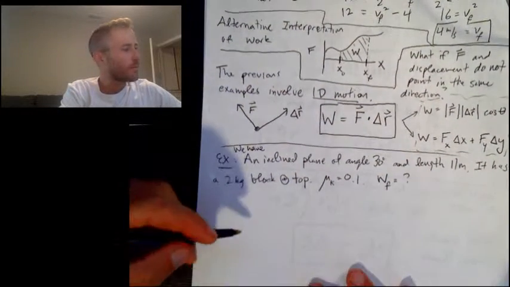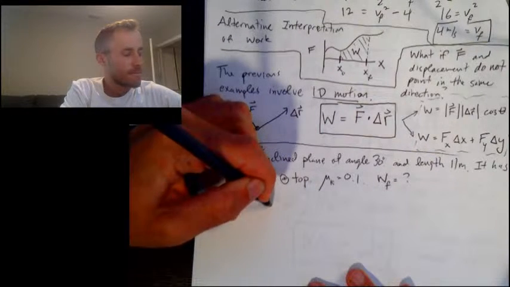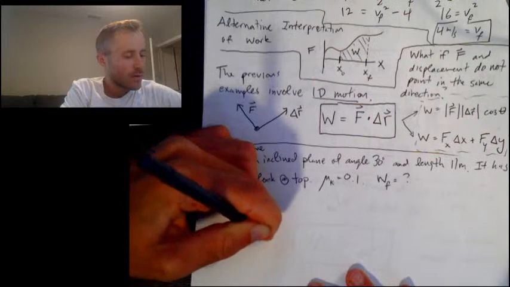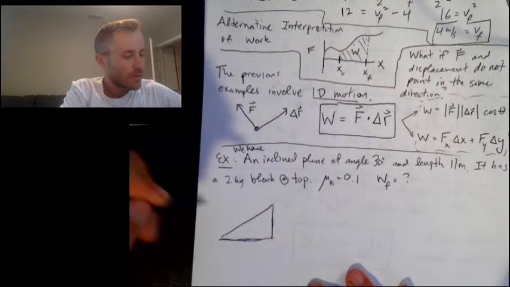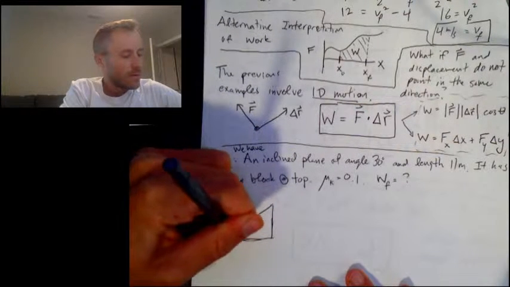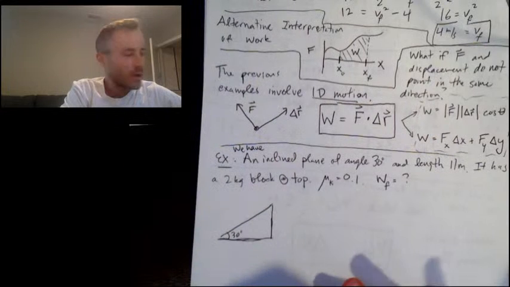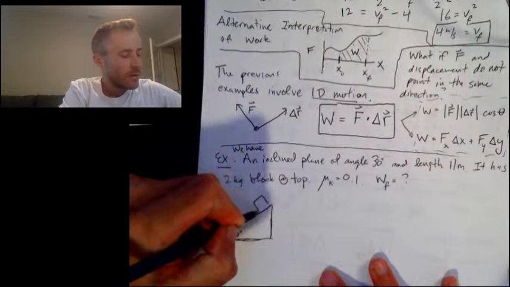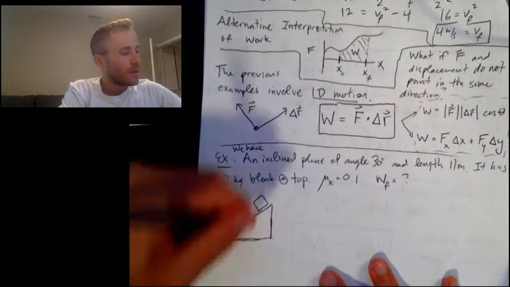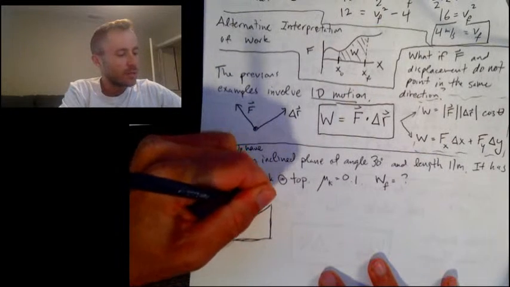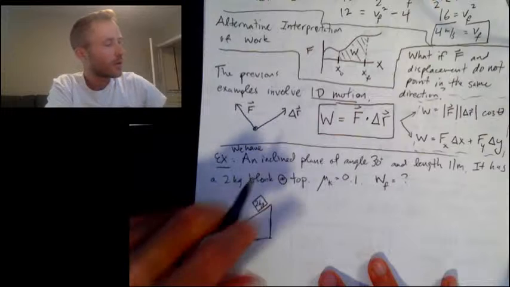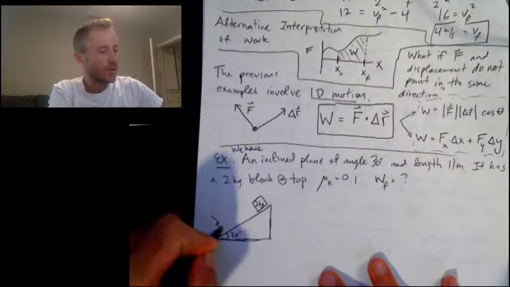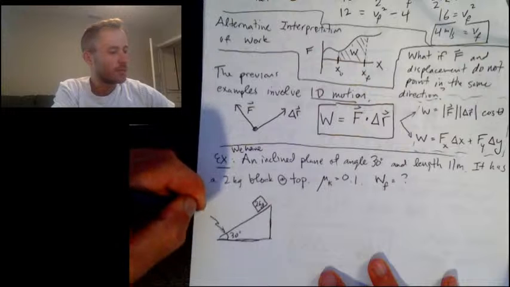All right. I'm going to draw out this scenario. It's a 2 kilogram block, 30 degrees, and the coefficient of kinetic friction is 0.1.